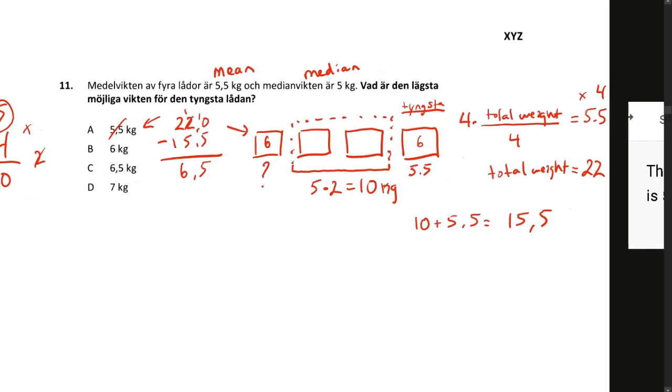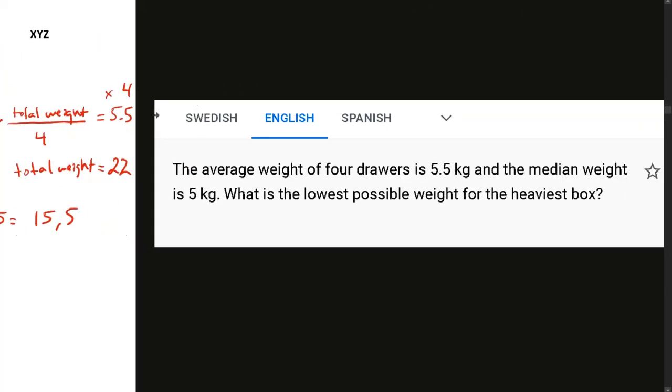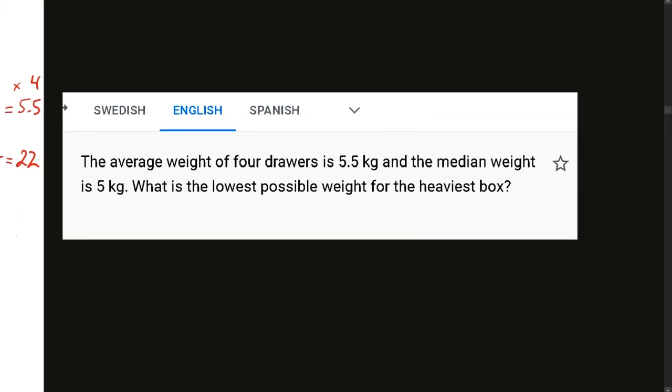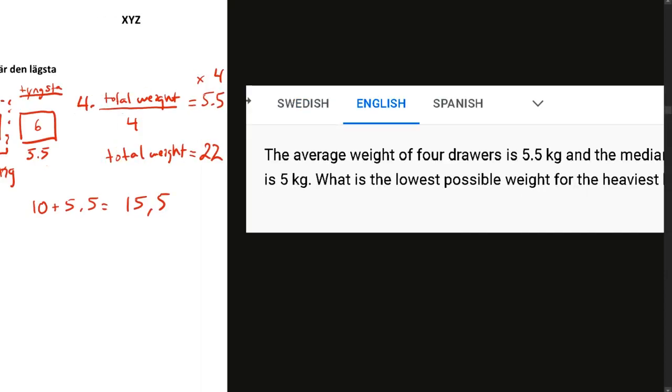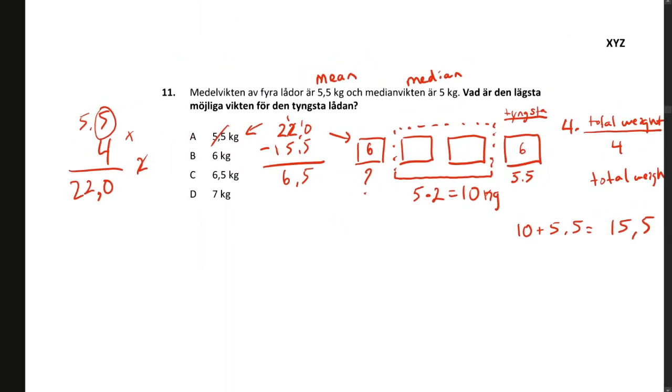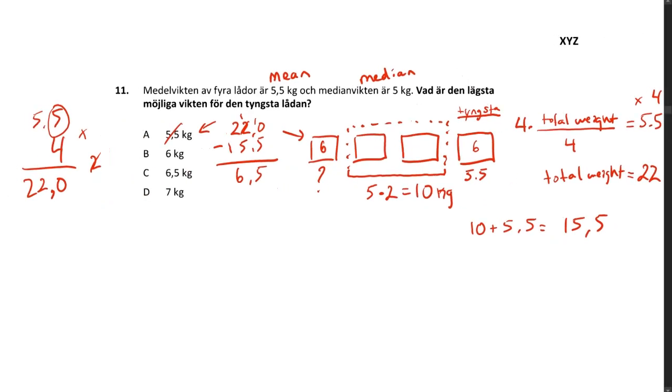So we can say that, let me look at my question again actually. The average weight of the boxes is 5.5 kilograms and the median weight is 5. What is the lowest possible weight for the heaviest box? Well, I mean, this question, you could say yes.